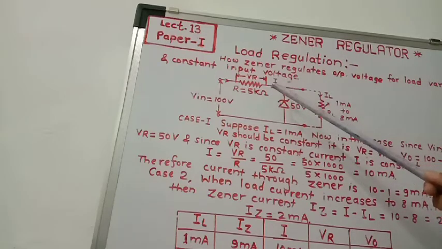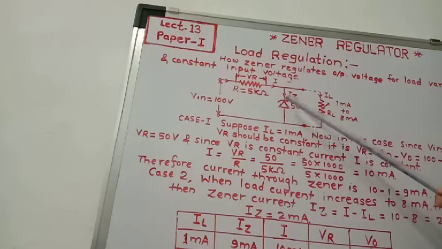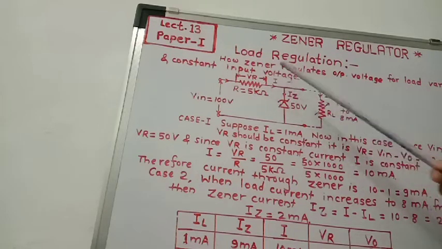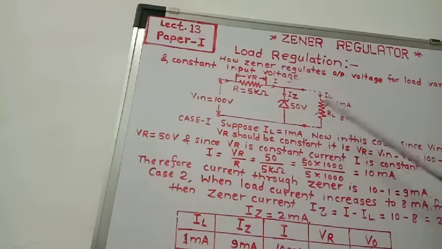Since I is 10 milliampere and the load current is 1 milliampere, IZ is equal to I minus IL, that is 10 minus 1, which is 9 milliampere.